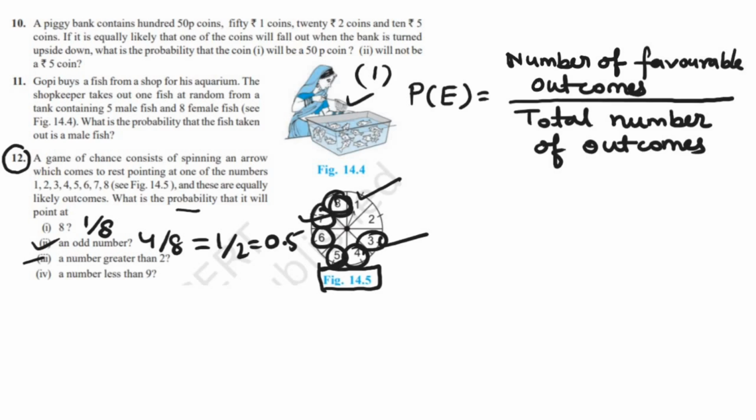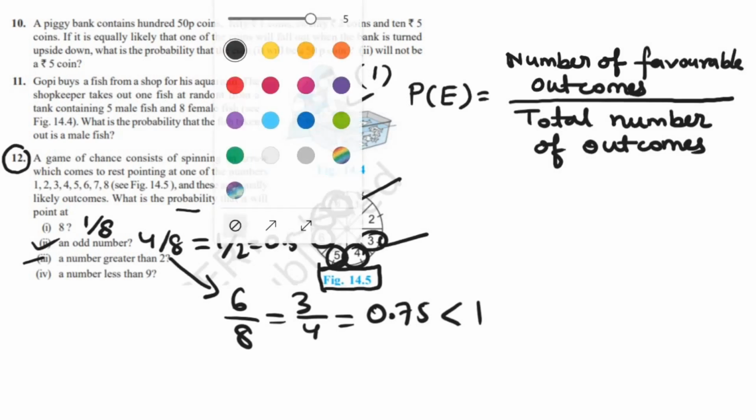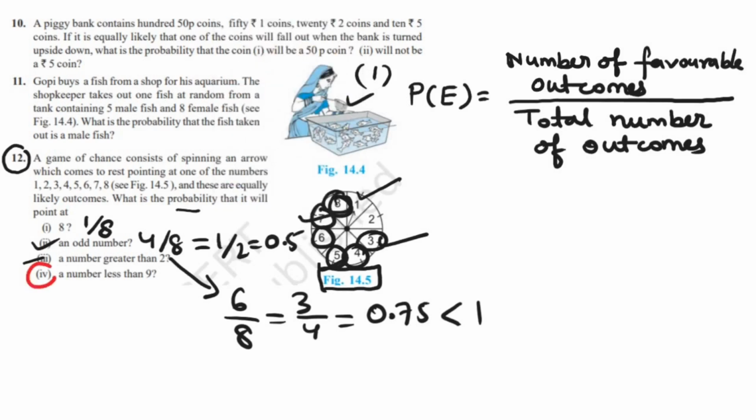So these are 6 in number. So the probability for the third bit is 6 out of 8, which is 3 out of 4, 0.75, and this is a number less than 1. So that's the probability of happening of that event. And the last one, what is the probability that the arrow stops at a number less than 9?